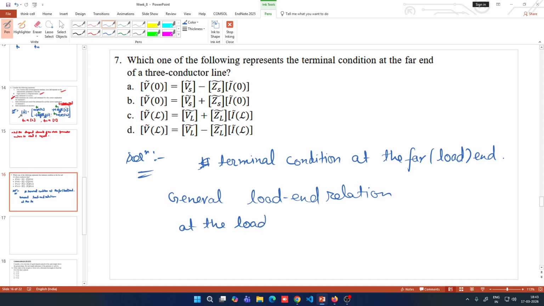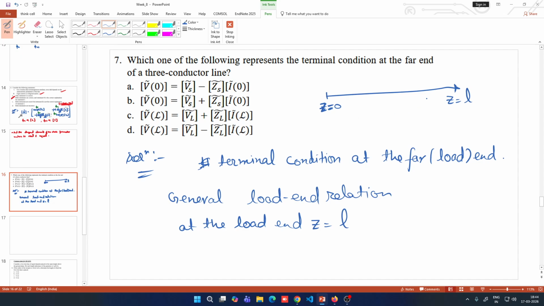So at the load end, Z is L. So suppose this is our Z here, Z is 0 at the source end. This is the usual convention or notation that we use for a transmission line. So the source is always represented at the Z axis. Along the Z axis, Z is 0 here, and at the load end, Z is L. L is the length of the transmission line.